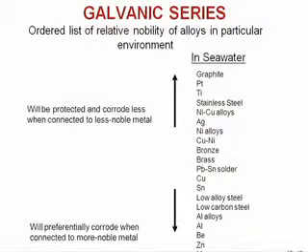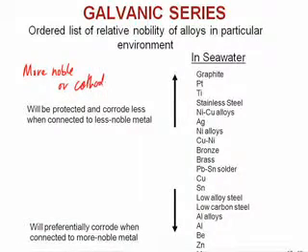The galvanic series is this ordered list of relative nobility of alloys. Okay? So at the top we have the more noble or cathodic. So up here we have platinum. Gold would be up here. Silver.